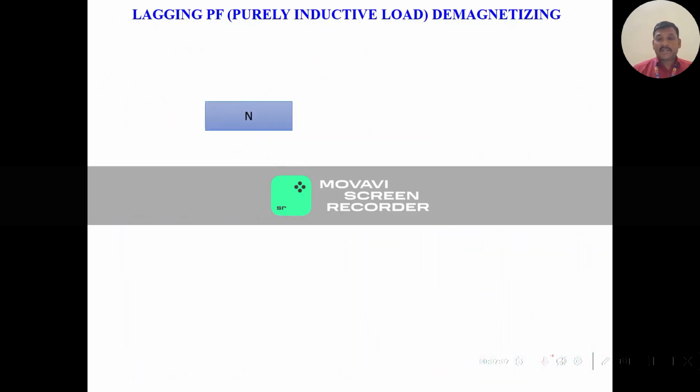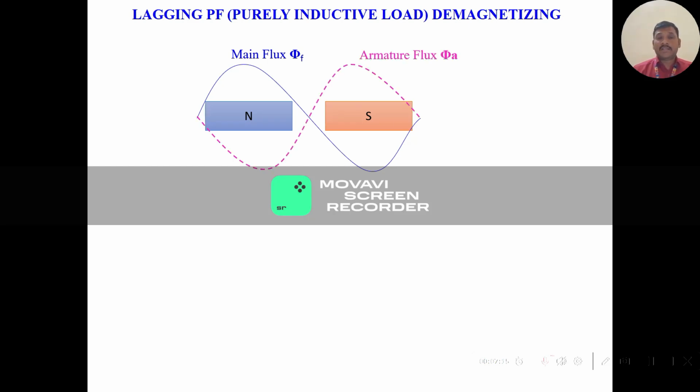Next we can see the images and animations of the alternator when you are connecting the inductive load. Here this is the main flux produced by the current IF, and armature flux phi A produced by the armature current IA. Here you can see that there is a 180-degree phase shift between the two.